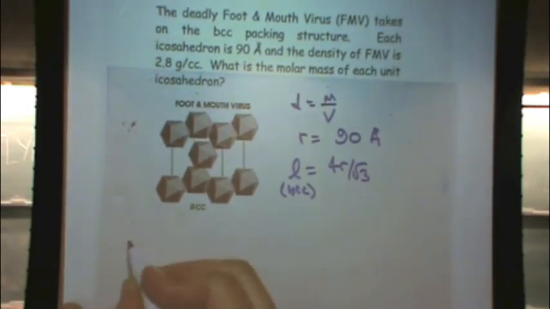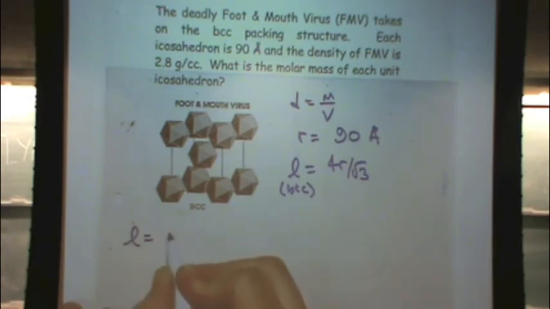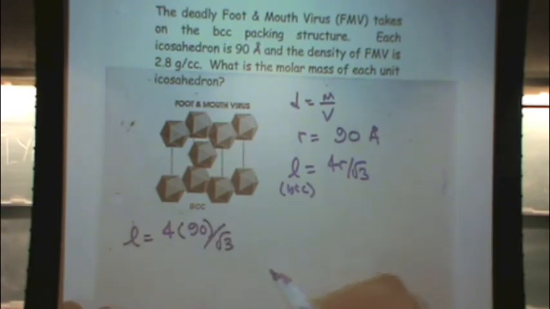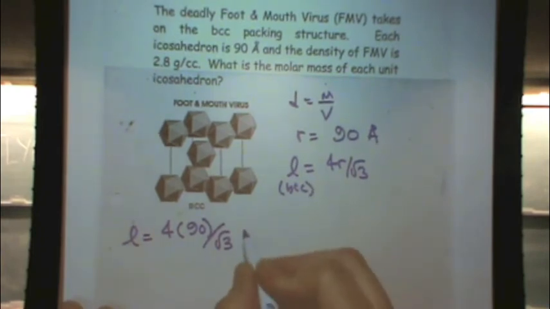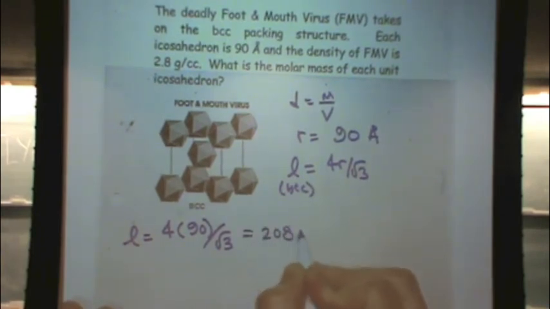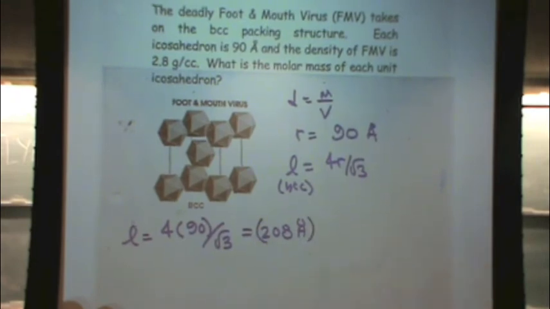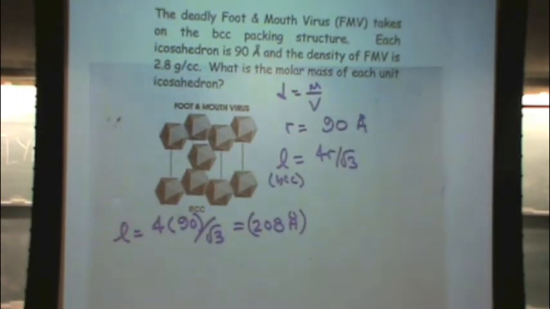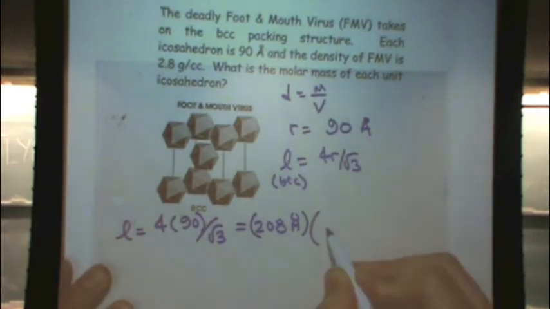So the length would be, let's find the length. It's 4 times R, 90, divided by root 3. That's going to be 208 angstroms. And then I prefer to change this to centimeters now, but you could cube it first if you prefer. That's fine too.